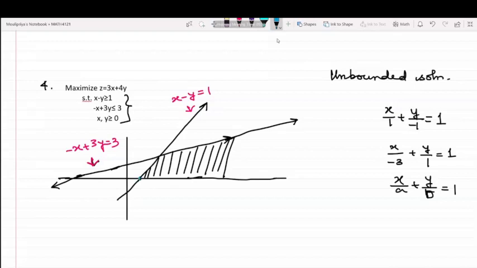We would not have to consider other points, because these are closer to the origin. The minimum cannot be at 0,0. Look, the two points nearer the origin are these two points. So to be on the safe side, we can check Z at these two points, and the point for which we get the minimum value will be your answer. Since no other point in the region will be closer to the origin, it gets minimized. But since the problem is to maximize, your answer is an unbounded solution.